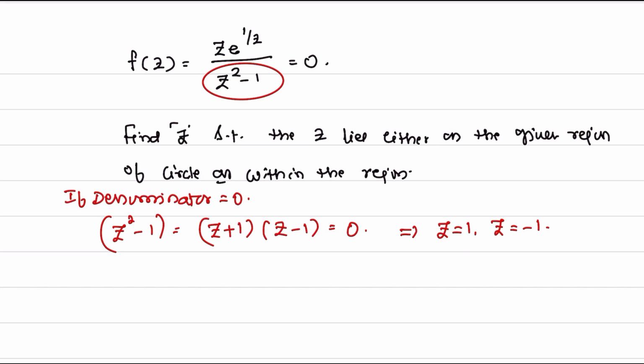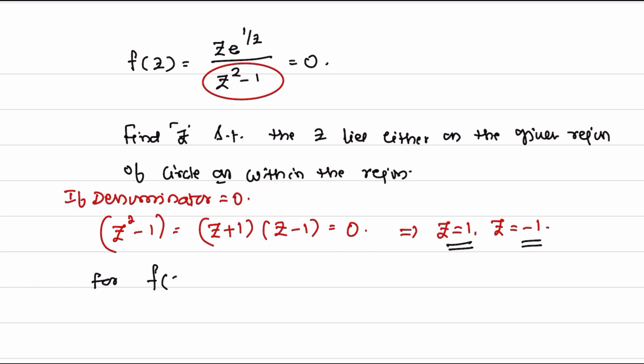Now, we have to check whether these points of singularity, z is equal to 1 and z is equal to minus 1, lie within the circle, or outside the circle, or on the circle.